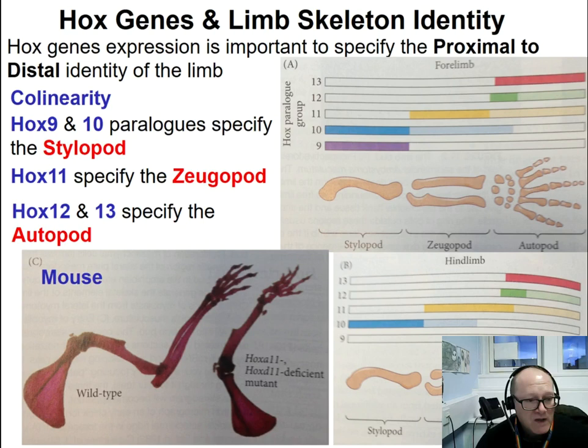And the autopod looks almost normal, so there is some effect of removing the expression of HOX11 also on the autopod. So this suggests how the HOX genes are important in shaping the different elements, the different bones along the proximal to distal axis of the developing limb.